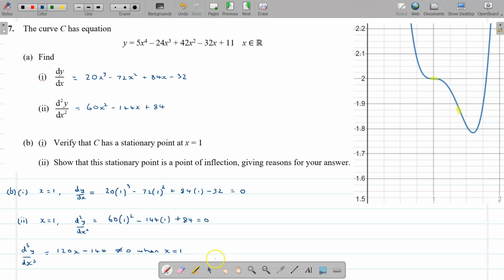So therefore I can conclude that at x equals 1 is a point of inflection.